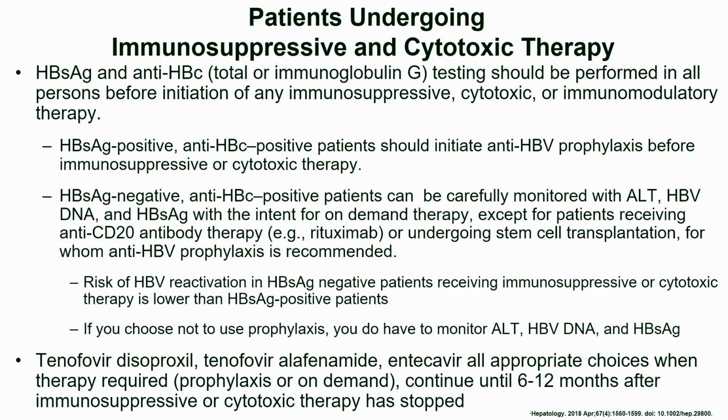So there is a proliferation of immunosuppressant cytotoxic therapies. We use them for inflammatory bowel disease. The rheumatologists use them. The oncologists use them. And remember, there are a tremendous number of people out there who are core antibody positive as well as surface antigen, less so.